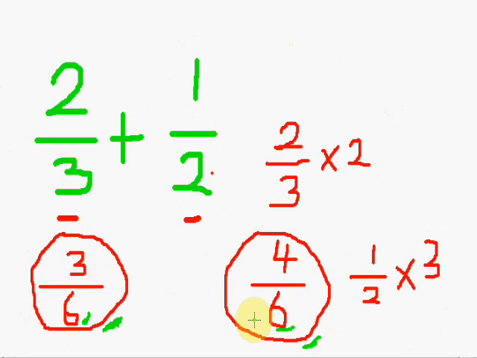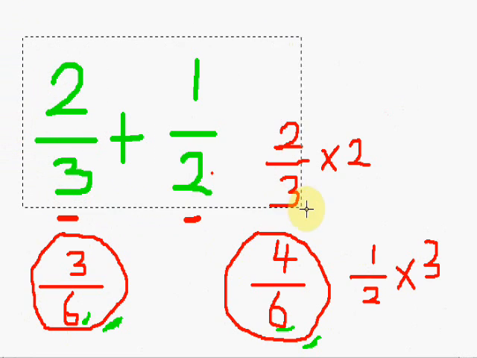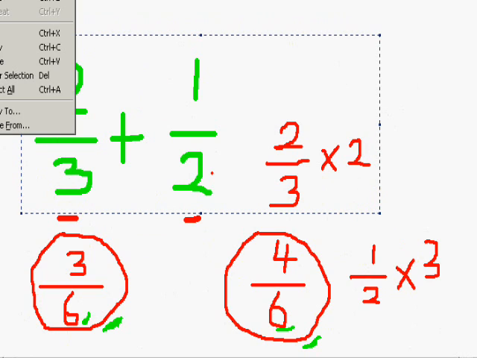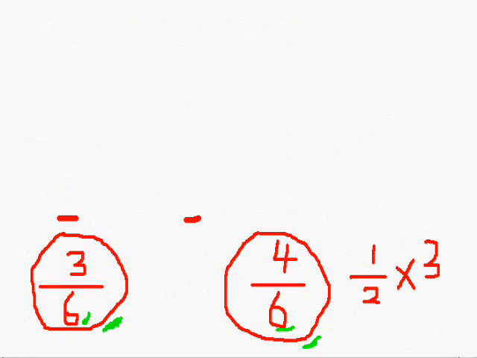You simply rewrite the denominator in both fractions, and we simply add the numerators. So we're going to add 3/6 to 4/6.